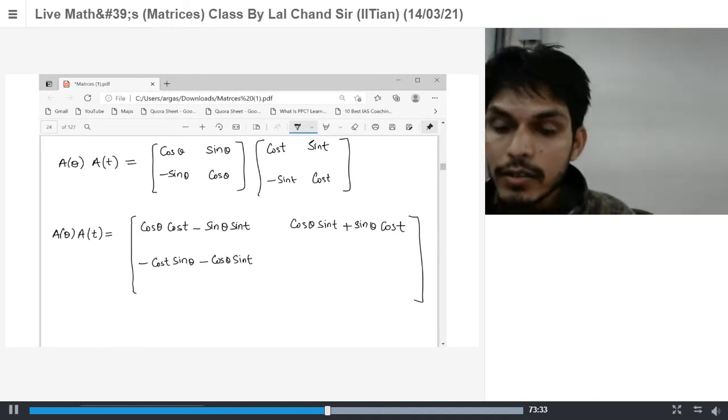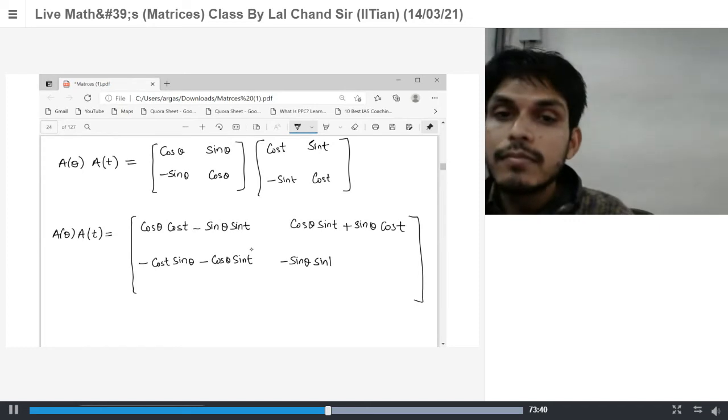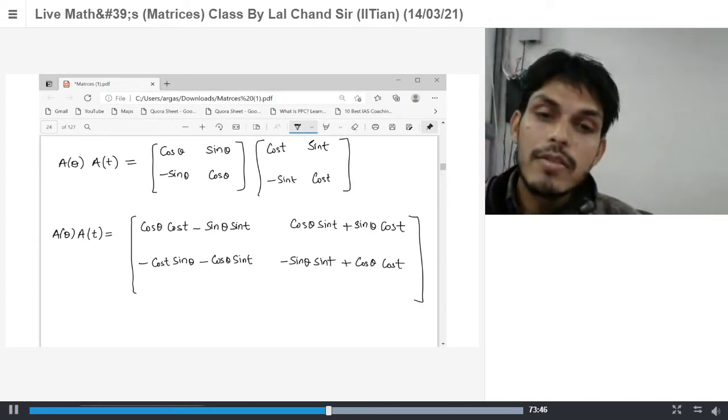So if I write this fourth element, I have sin theta sin t, cos theta cos t.